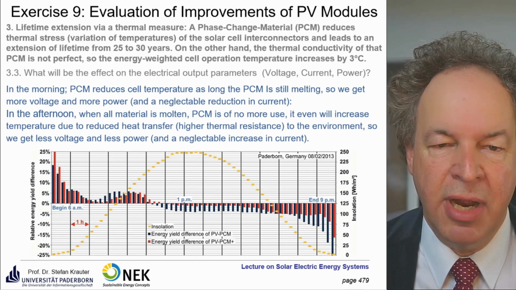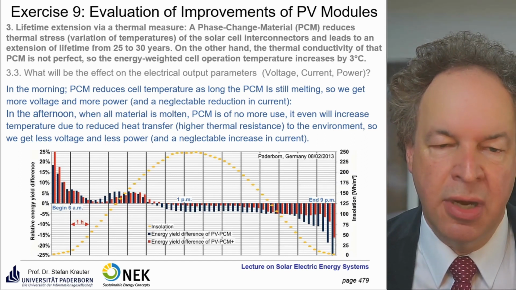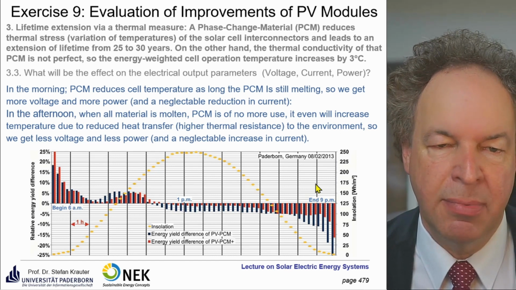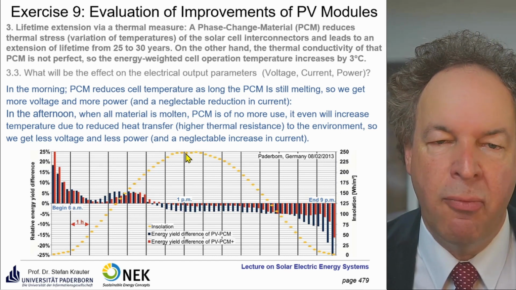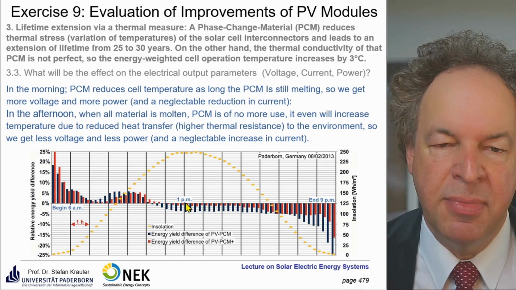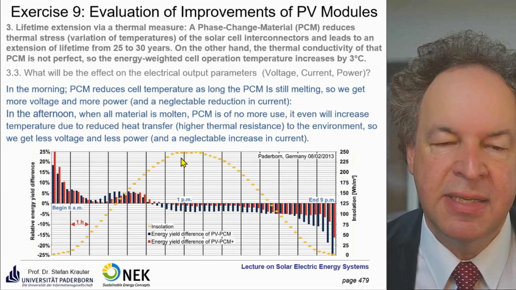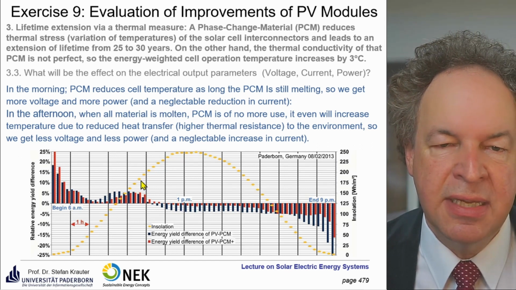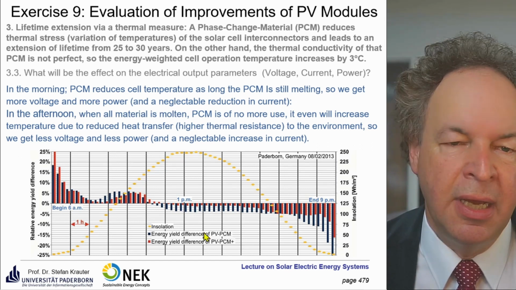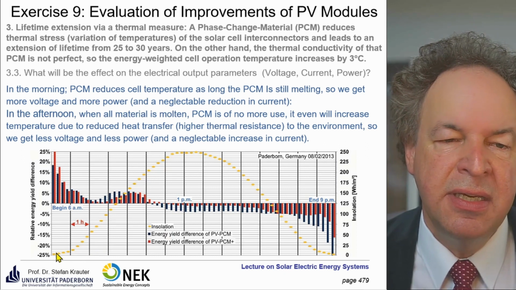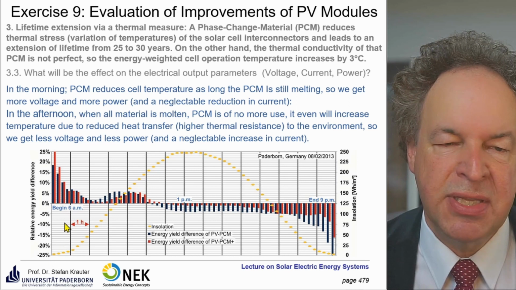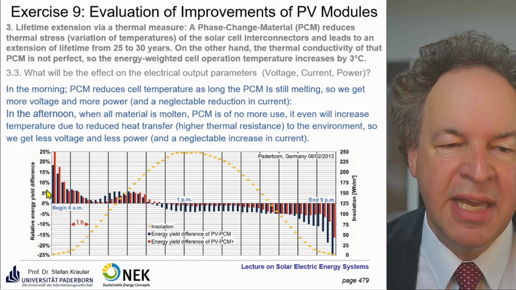This we tested already, so we see here the time of the day. It's a bit not visible, but here is 1 p.m. summertime, that is usually sun time. It is midday here, and this is the irradiance of a clear day in Paderborn. And we see here in the morning the module is quite cold when the sun goes up, and with the PCM material it stays cold.